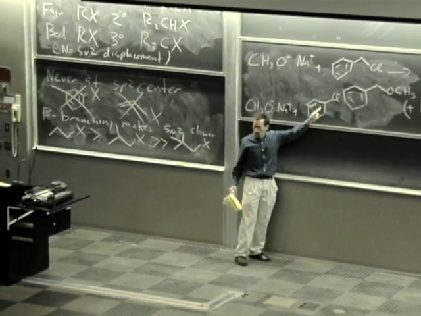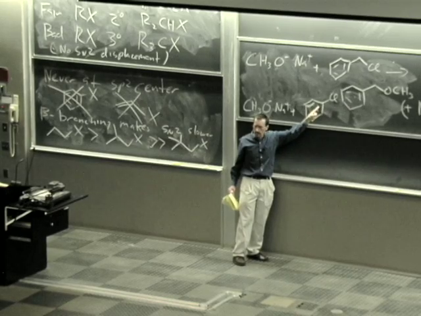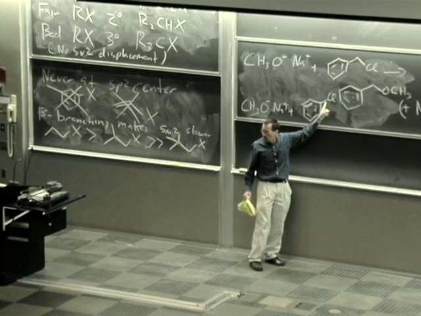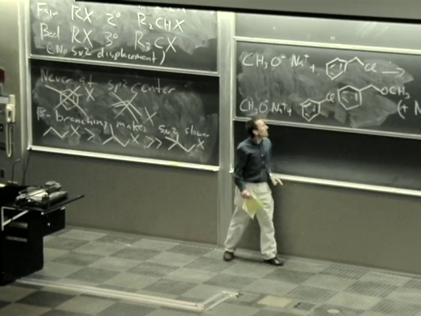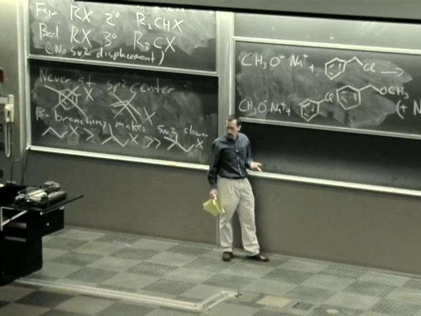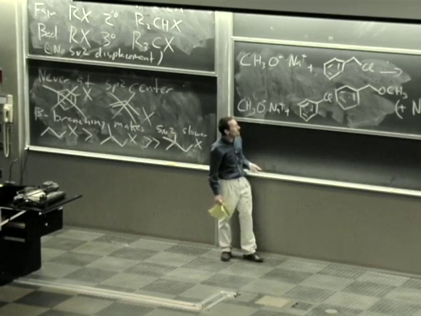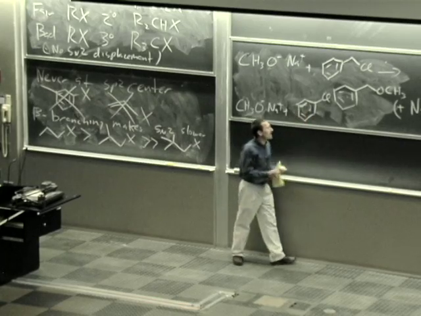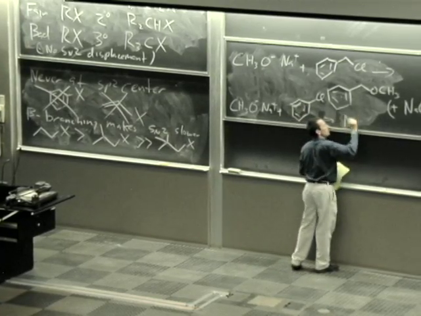That doesn't like to participate in SN2 displacement reactions. Our chlorine is on an sp2 hybridized carbon. We don't get SN2 displacement in sp2 hybridized carbon. The bonds are too strong and you can't get the backside attack geometry. And so I'd write no reaction.